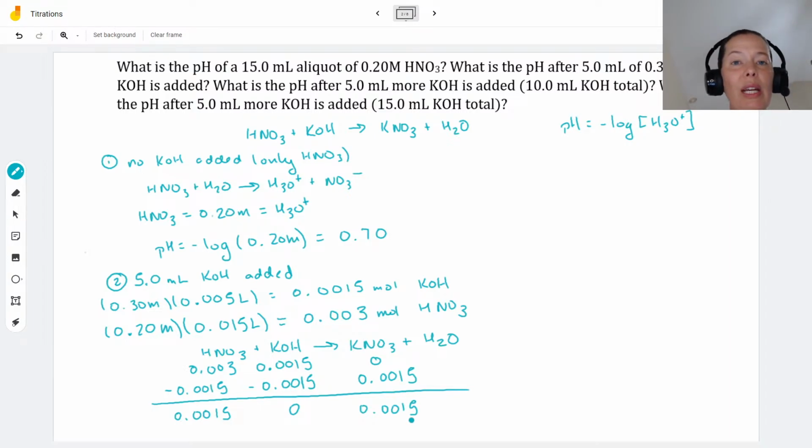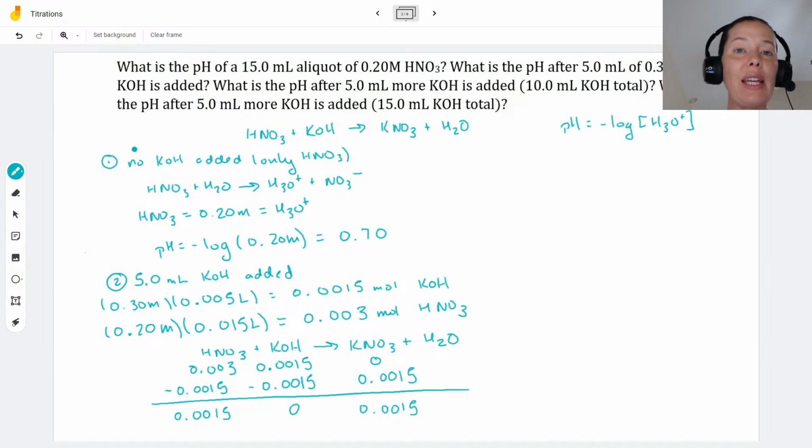Now, because we have a strong acid and a strong base, the amount of potassium nitrate formed is not of concern for us because that is a salt that does not have acid-base properties. So we're really just focused on the nitric acid solution at this point. Now we go back to a similar problem like we did for our first step here. We just have nitric acid in solution, but we have a little bit less.